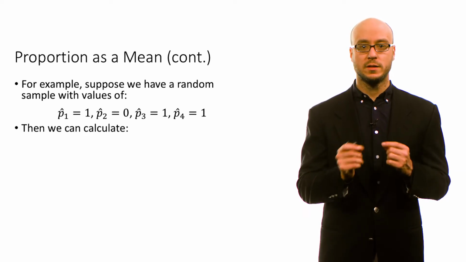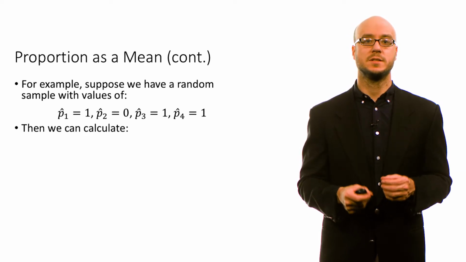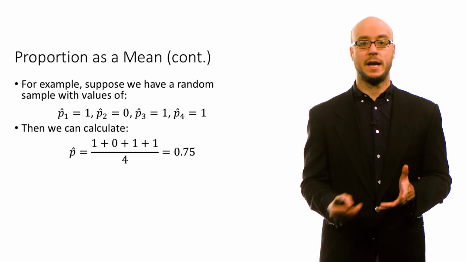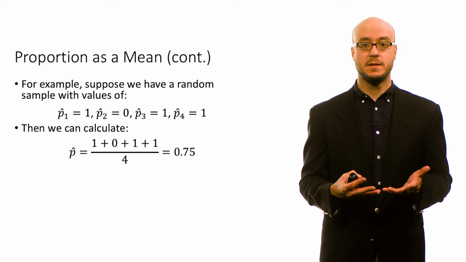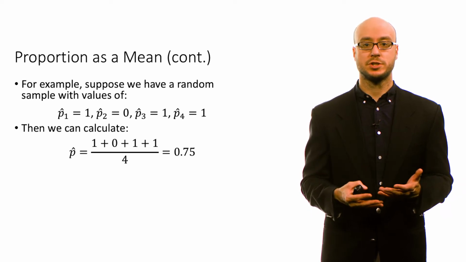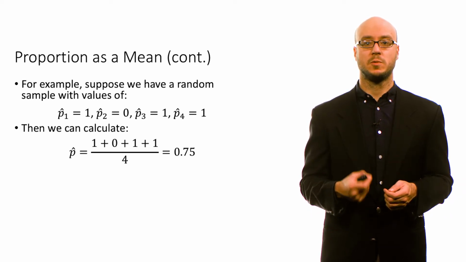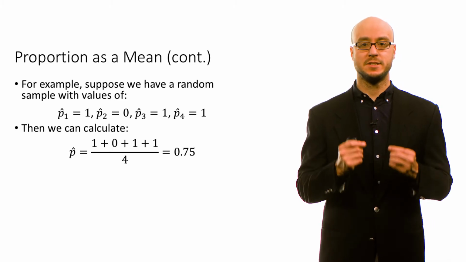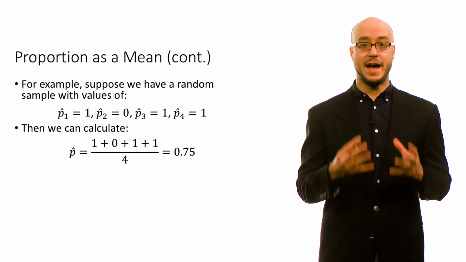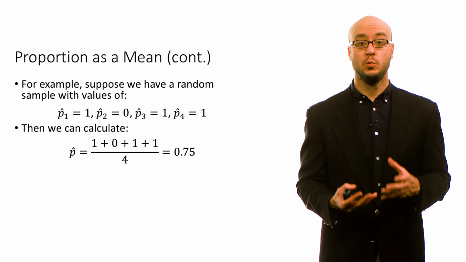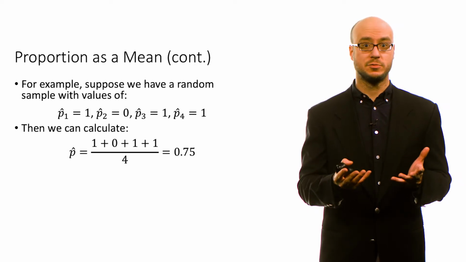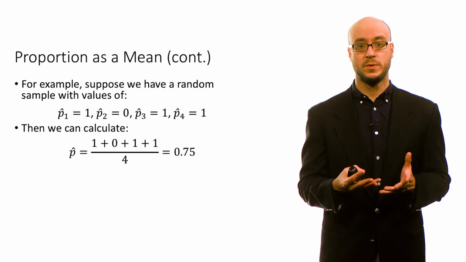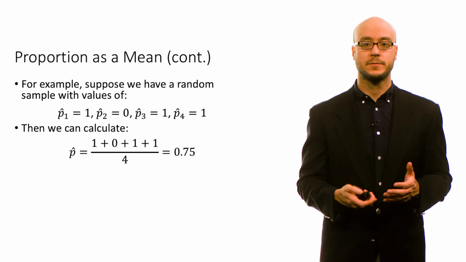Now, coding this set of responses into 1s and 0s, we can calculate a mean, and that mean of that sample is just the sample proportion. So we get 1 plus 0 plus 1 plus 1 divided by 4, we get 0.75. That's the proportion of people who approve of this smoking ban, and that just refers to the fact that 3 out of these 4 people have 1s.